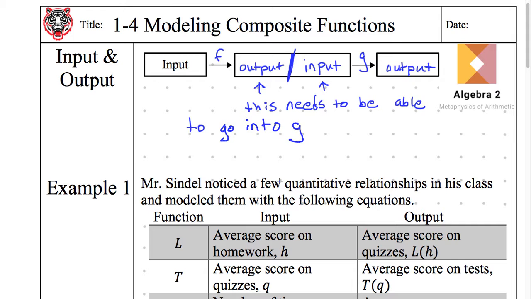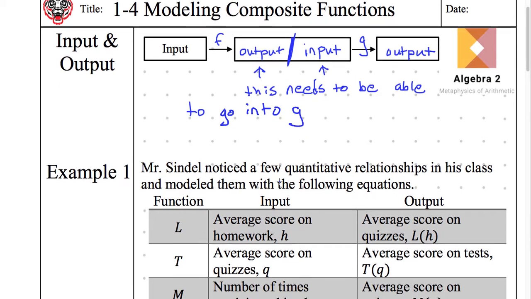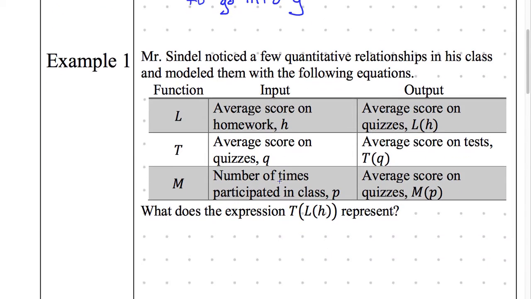For example, if g only accepts dollars and you try to insert apples into it, it's not going to work. It's going to break this machine, this function. You need to make sure that your output and input are correct. We'll talk about that more when we look at example 1.